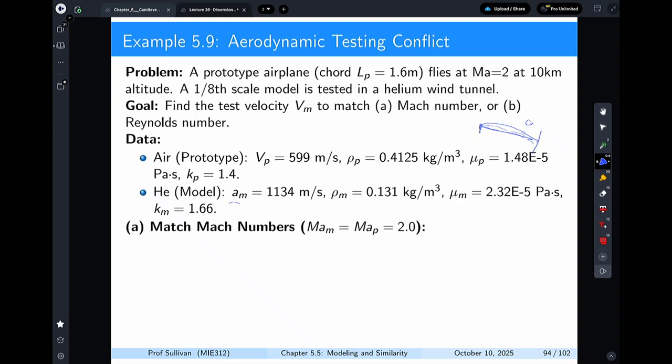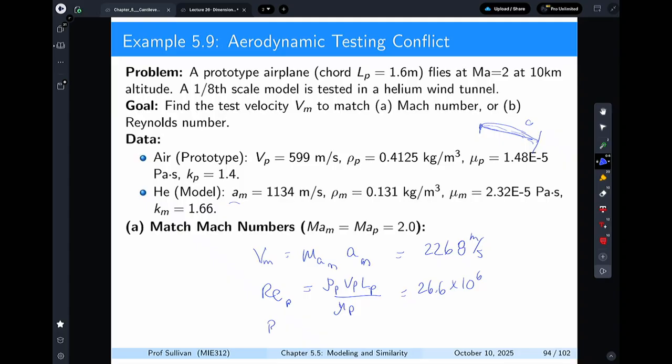So matching the Mach number, I have velocity of the model equals Mach of the model times A of the model, and I need to get 2268 meters per second. And for the Reynolds number, rho of the prototype, velocity of the prototype, length of the prototype over mu of the prototype is 26.6 times 10 to the 6th.